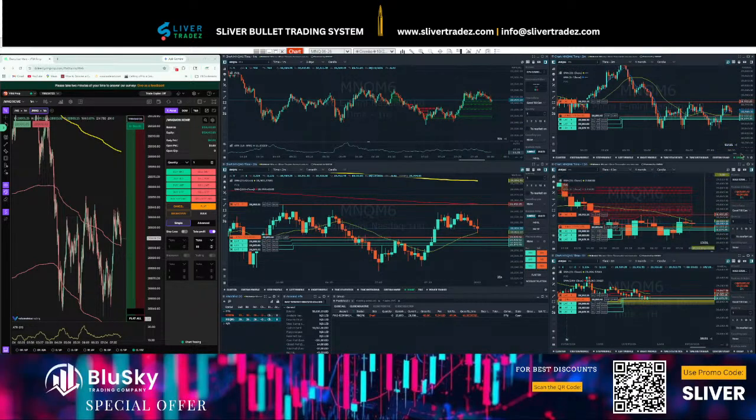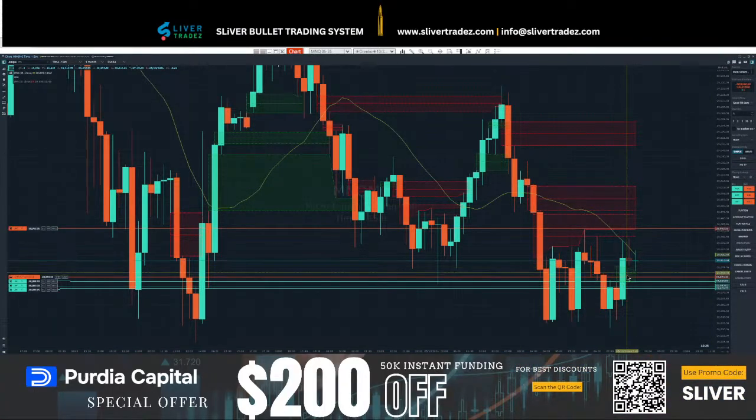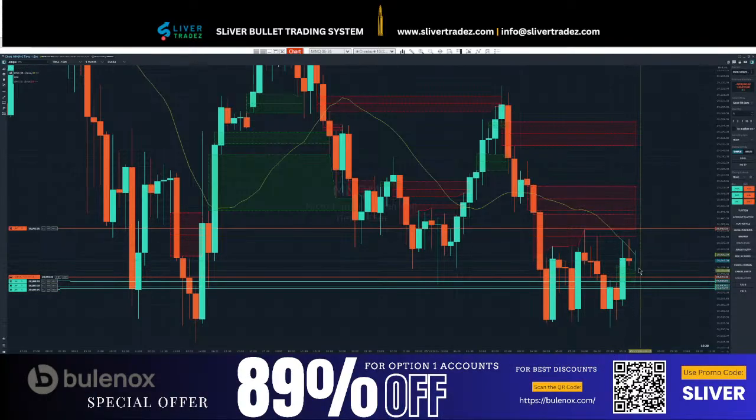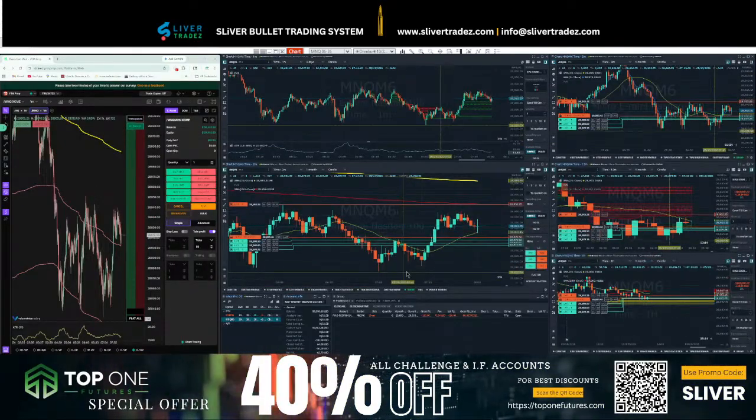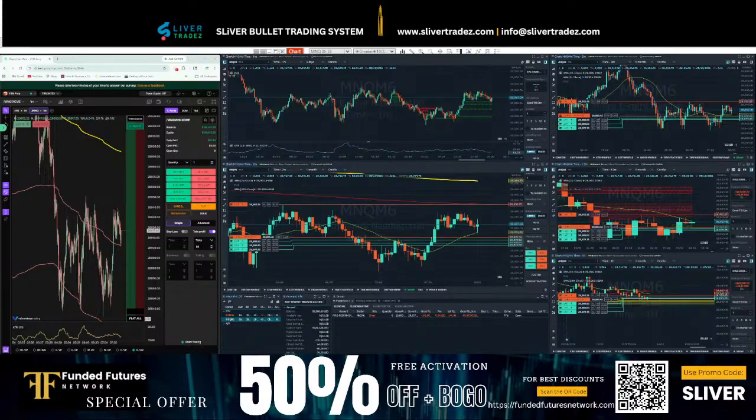So there is a red candle on a 15-minute chart. This one, so good rejection. So we have to wait and see whether market comes down or it overcomes this rejection. So I'll leave my position here.